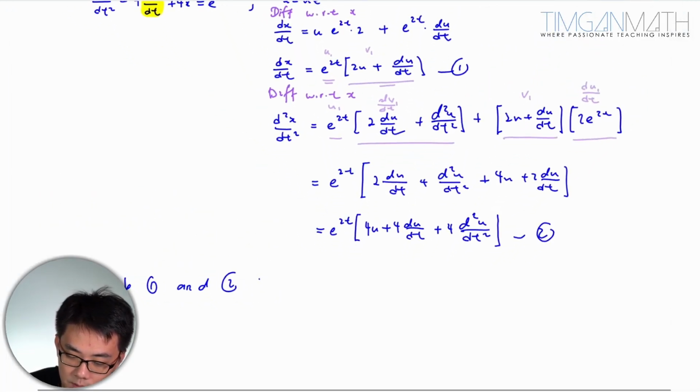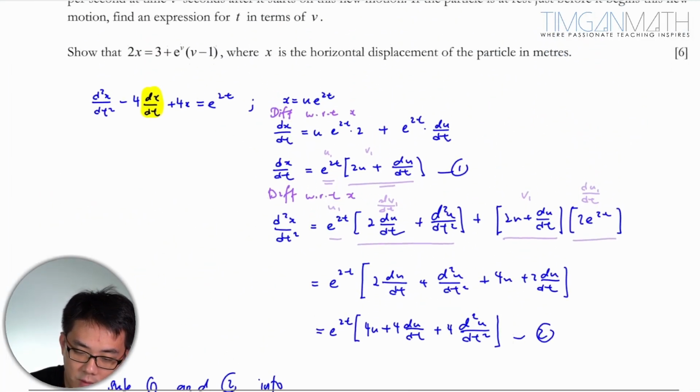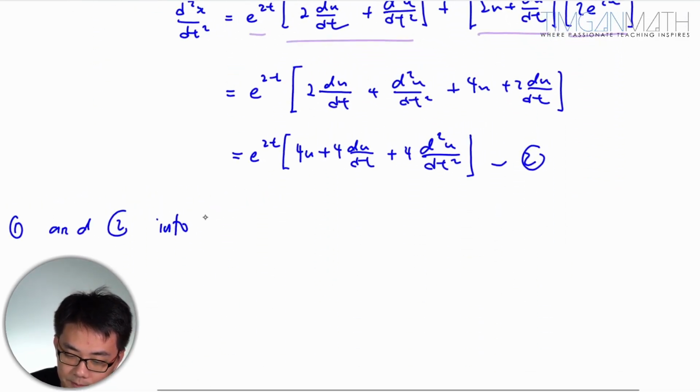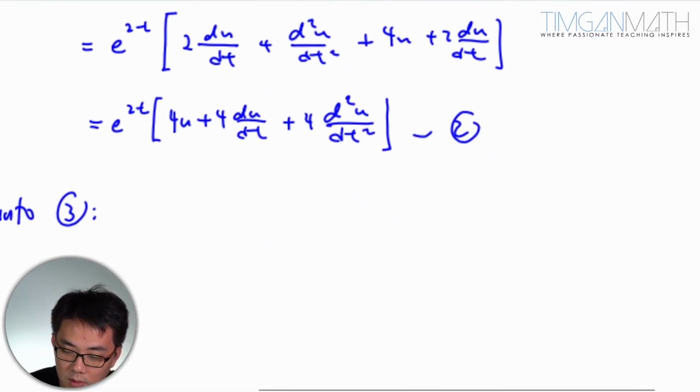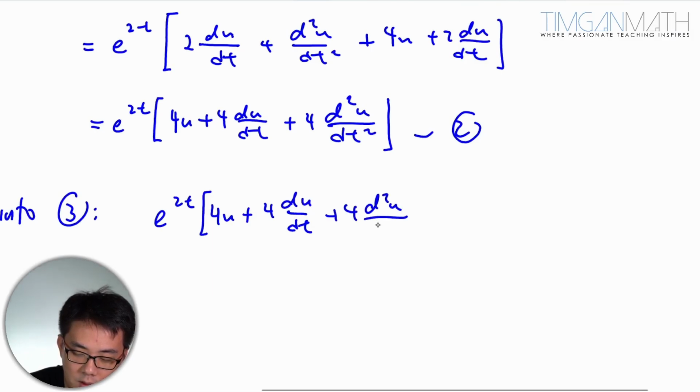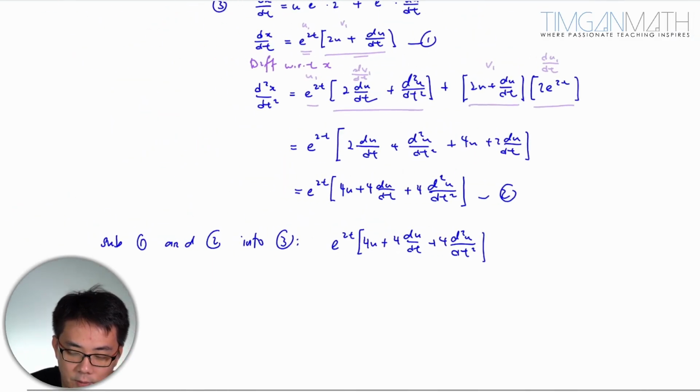So I'm going to get d²x/dt², which is e^(2t) times (4u plus 4 du/dt plus 4 d²u/dt²).